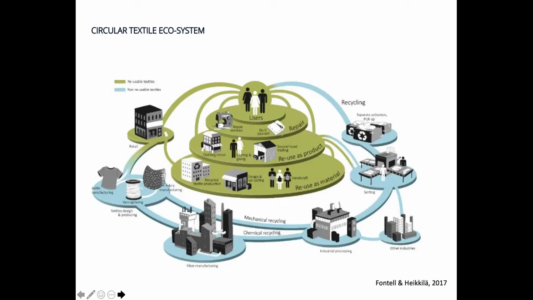And here it's shown that if you as a startup or entrepreneur or an existing business want to, for example, start renting out clothes, it's important to understand what is the system you're going to place your business in, who is already on the market, who you need to collaborate with, and so on.